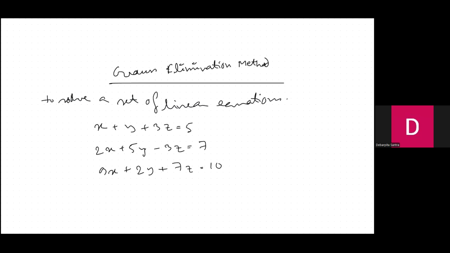You see these three form a system of linear equations, and here there are three unknown variables x, y and z. For solving these kinds of linear equations we use different numerical analysis techniques, and one technique is called the Gauss elimination method that we will learn today.